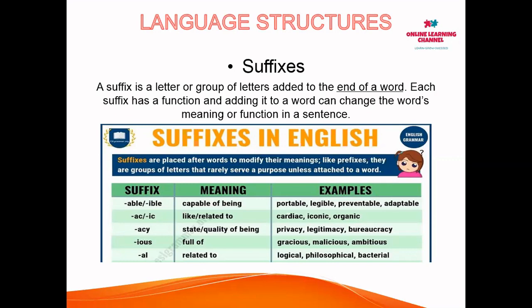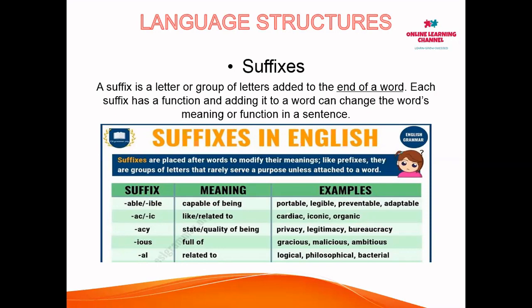Let's look at al, which is L. Related to, like logical, philosophical, bacterial. So at the end of a root word, you'll have a suffix. This changes the meaning of it. Okay, so remember we did prefix before, suffix after. I'm going to keep recapping so we remember this, so we incorporate it into our writing activity.